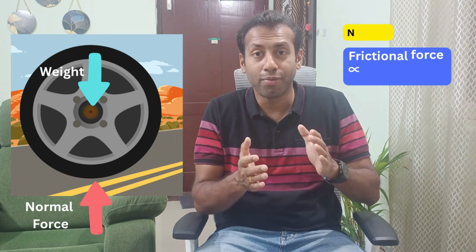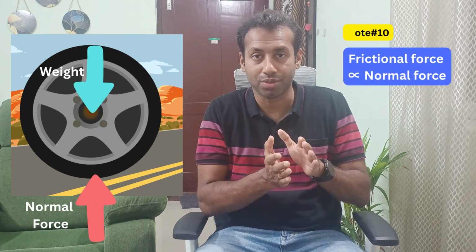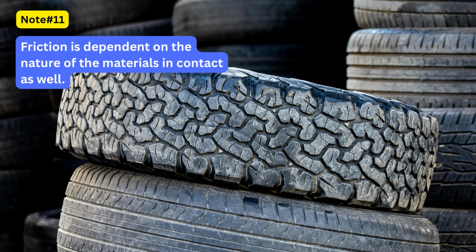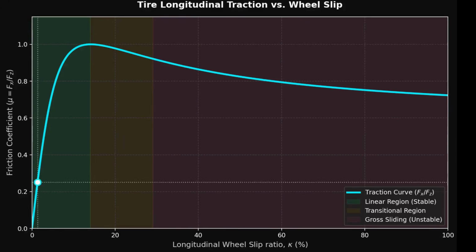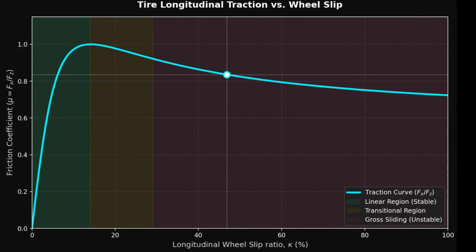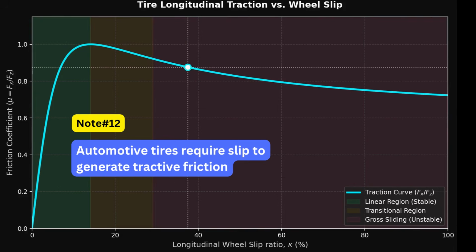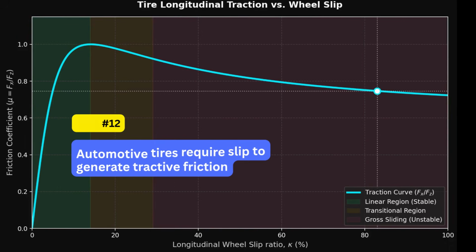It's called the normal force and it is compressive in nature. Secondly, frictional force also depends on the nature of material of the bodies which are in contact. But most importantly, in the case of rubber tires, frictional force is also dependent on the slip. That is, it changes with slip. So it's clear that the traction forces move the vehicle.